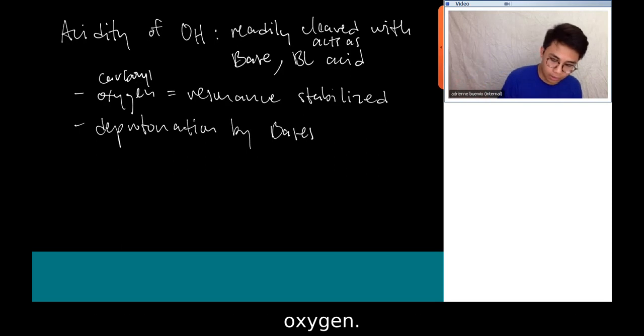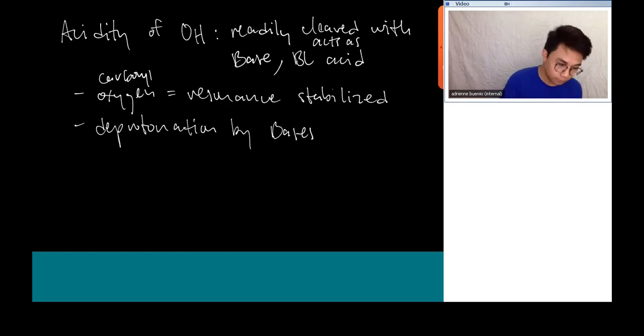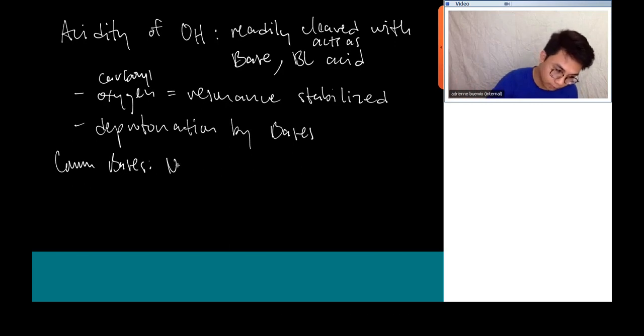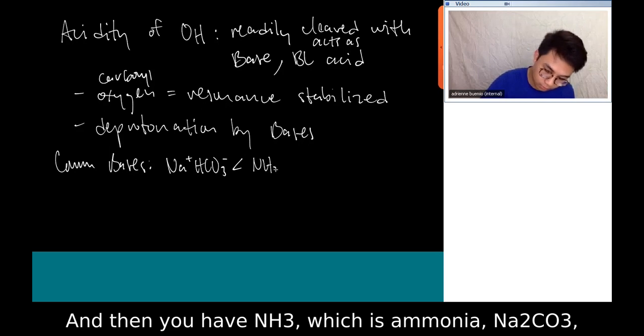So again, with the common bases, right? NaH is the best one. Common bases, this is what you'll see. OH minus is the least, and then you have NH3, which is ammonia, right?